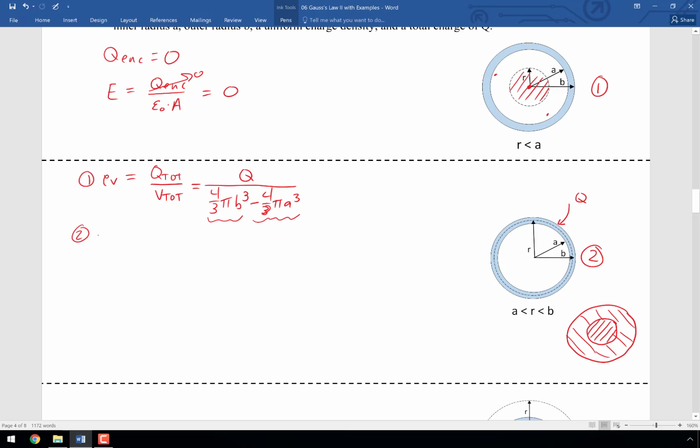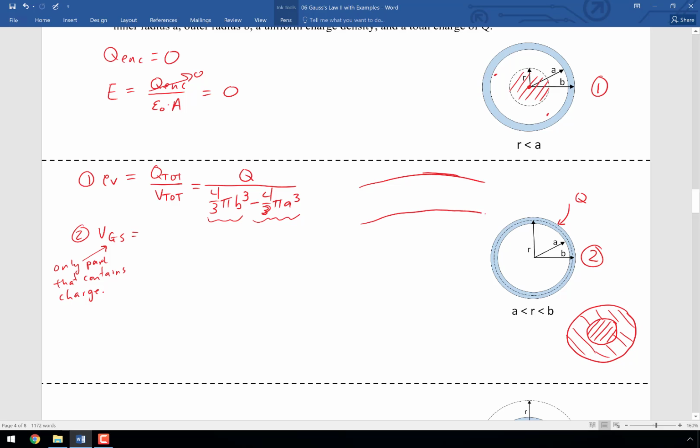What is the volume of the Gaussian surface? This problem is pretty complicated, so we're going to take every single step separately. The volume of the Gaussian surface, and I need to mention, this is very important, only the part that contains charge. So let me zoom in here on an arc of the wall.